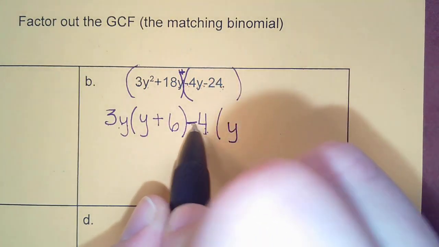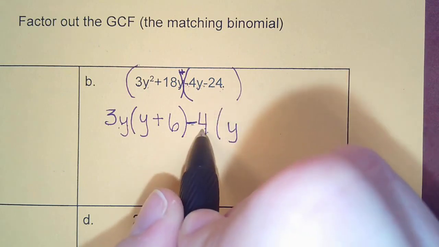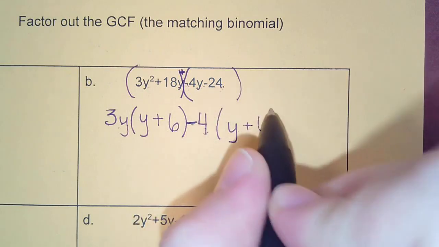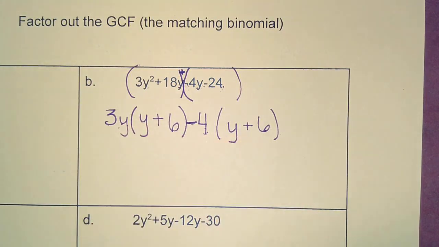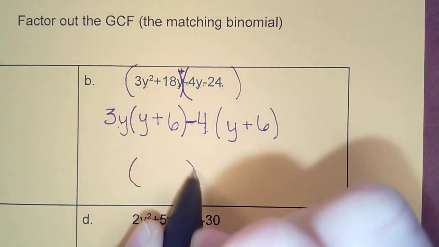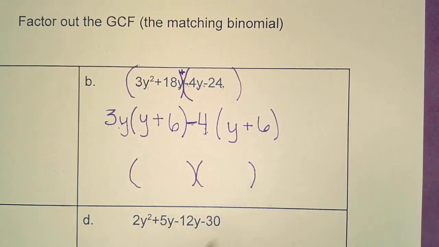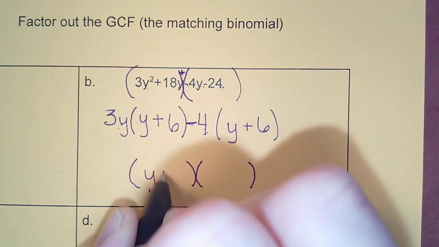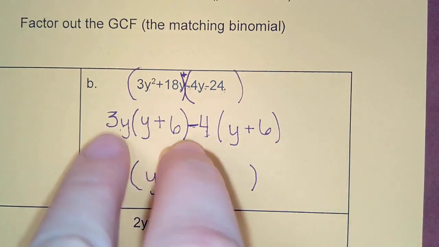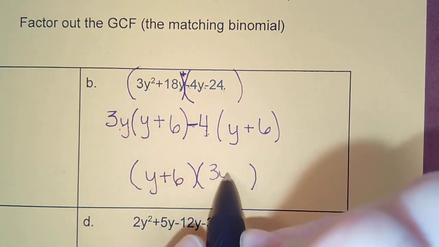Negative 24 divided by negative 4 is positive 6. If I didn't take out the negative, then these would not match. My final answer is 2 binomials multiplied together. After I factor out my GCF of y plus 6, then I have left over 3y minus 4.